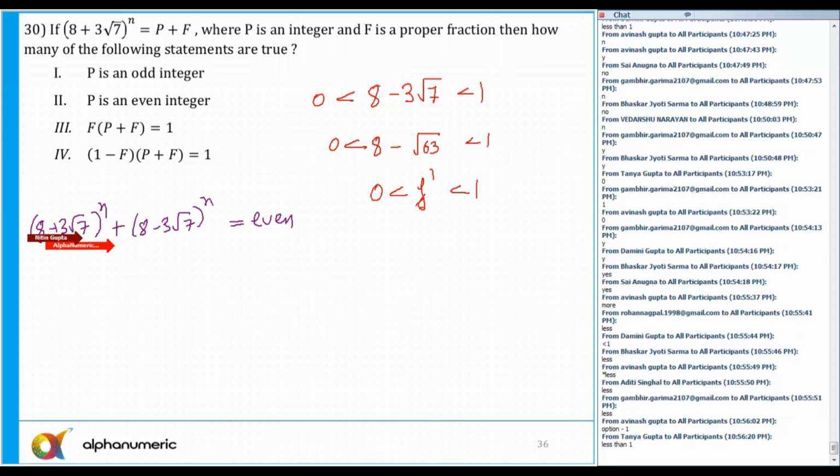Because here the second term is 3 root 7 raised to power n. So 3 root 7 is y basically. So 3 root 7 raised to power y. Do I need to write down the formula again? Let me write it down. Just a minute.